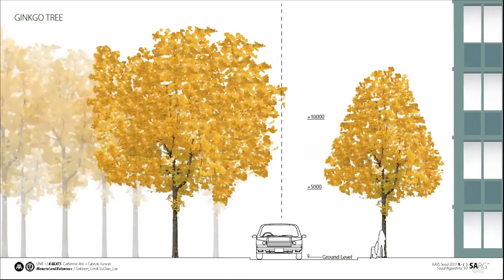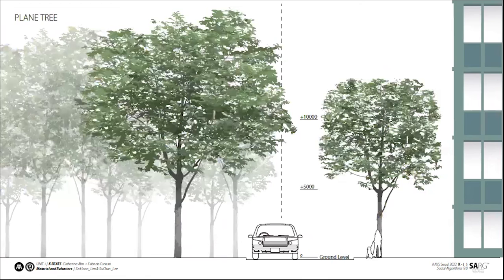This is an illustration of the ginkgo tree placed in street areas and forest areas, and you can see the difference in shape. Also, this is the plane tree in the forest area and when it's cut in the street areas.